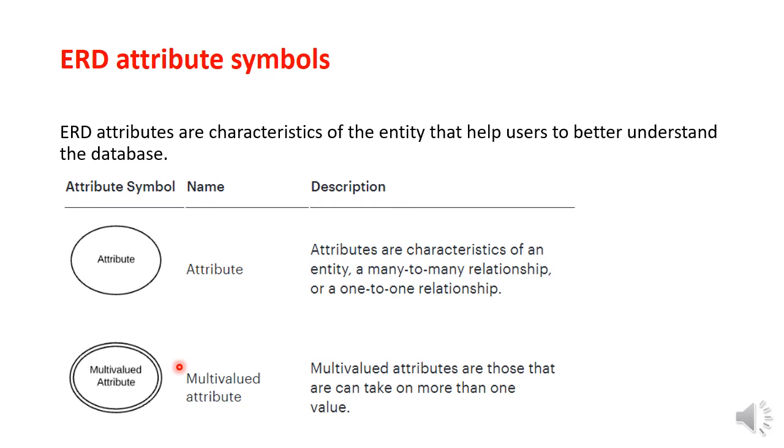So if a property or an attribute can be given more than one value, it is referred to as a multi-valued attribute. Here, the prefix multi means many. So it's a kind of attribute which can take distinct values.